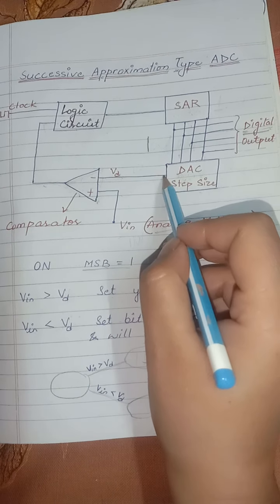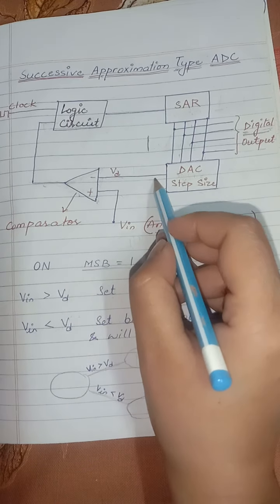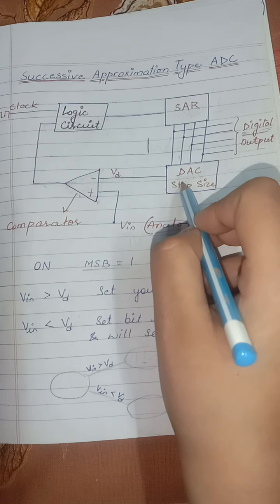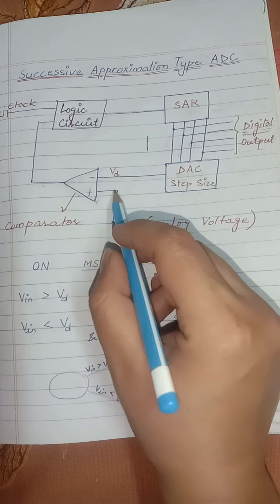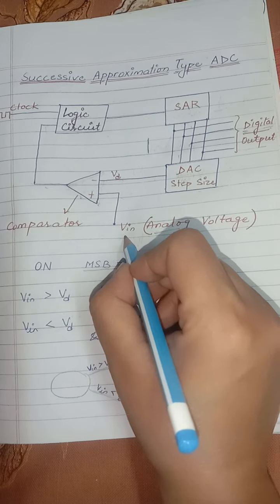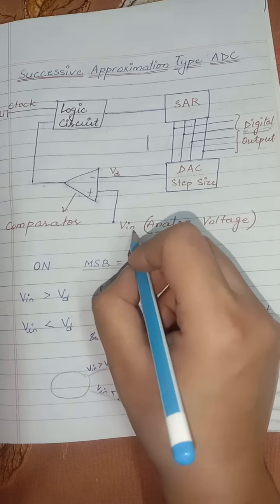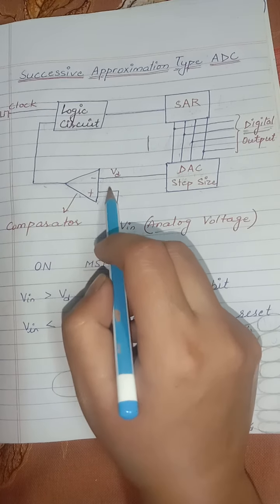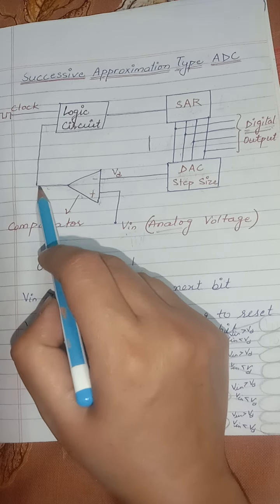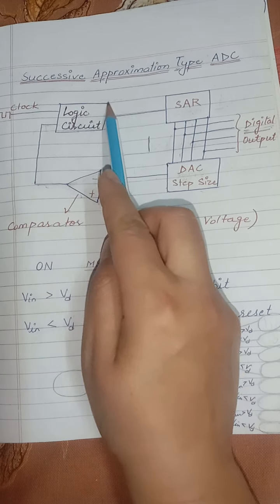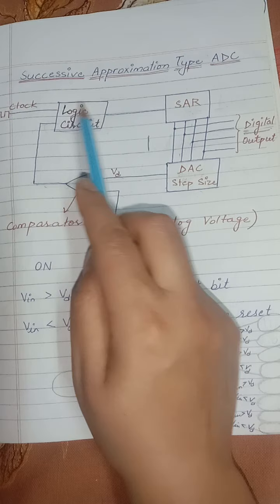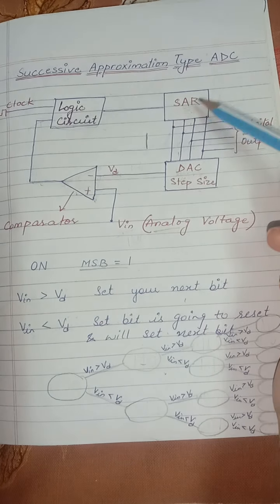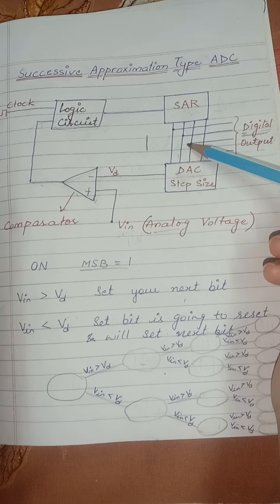It will have this VD, that is the corresponding analog output from the DAC, and we will also provide it the VIN, that is the analog voltage to be converted from analog to digital form. So it will compare both of the inputs and give the corresponding output. And then there is a logic circuit that will provide the clock pulse to the SAR. According to that clock pulse or signal, the SAR will change its outputs.